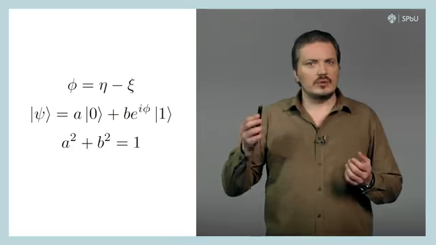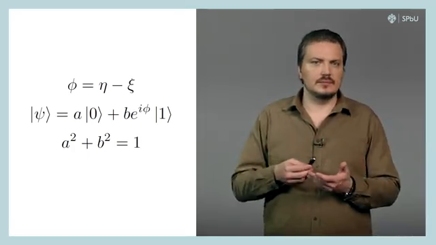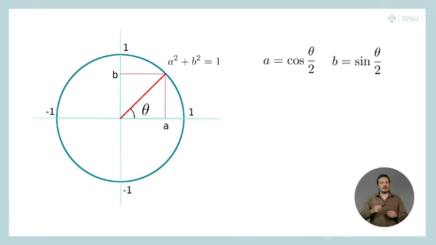The sum of two squared real variables equals 1. Does this ring a bell? Of course it does. It is just the equation of a circle with unit radius and with the center at the origin of the coordinate system. And this allows us to represent these two parameters, a and b, with just one parameter, the angle theta.